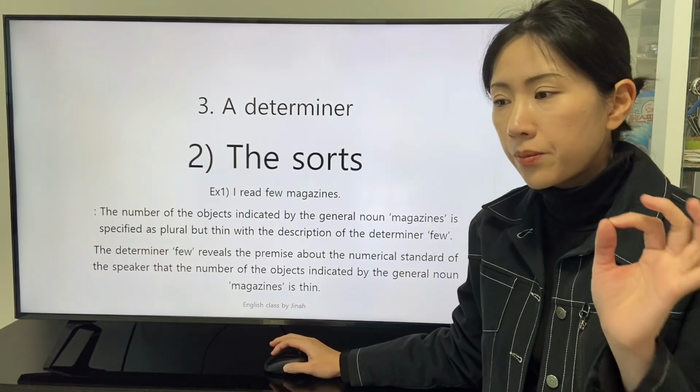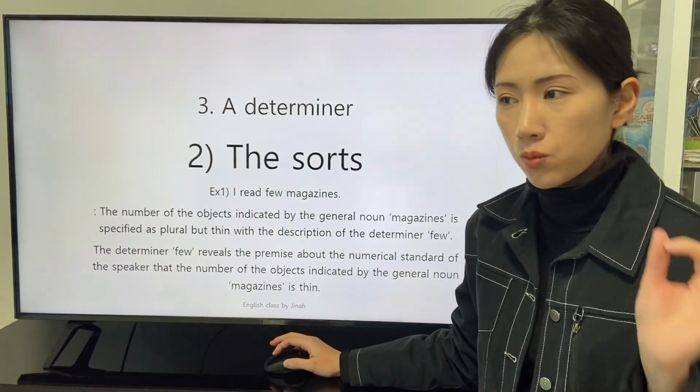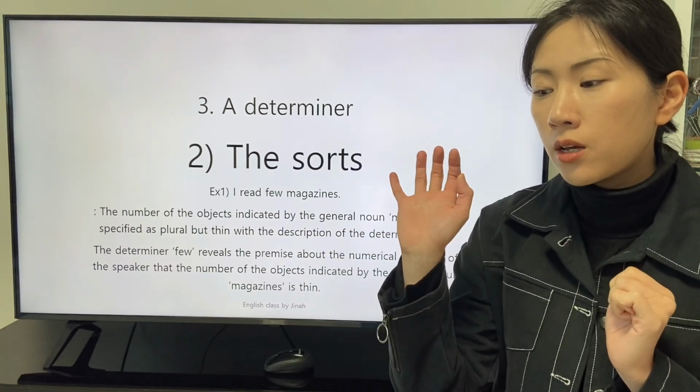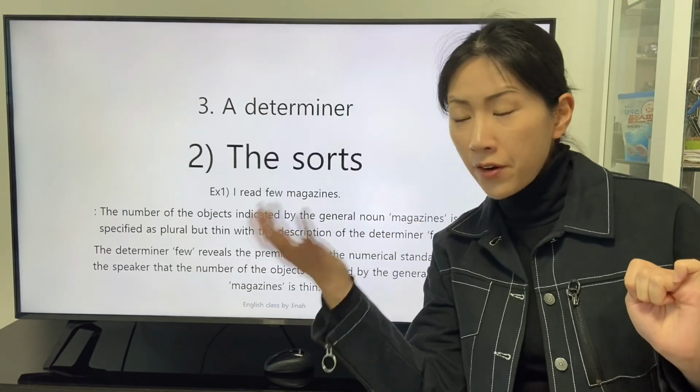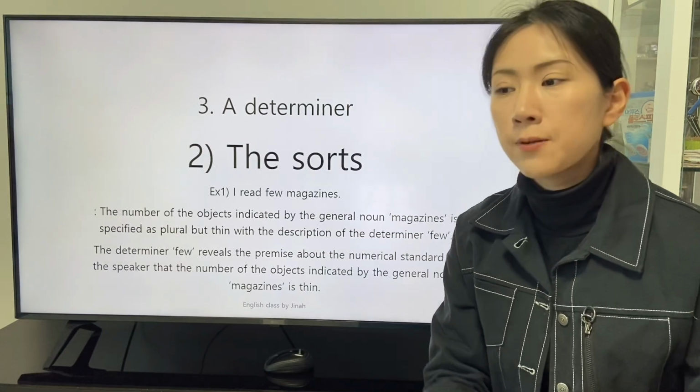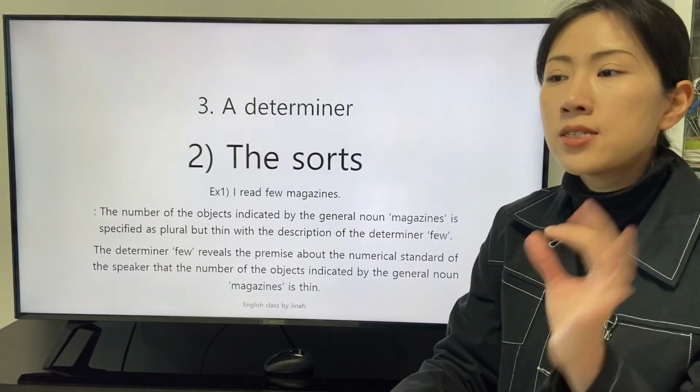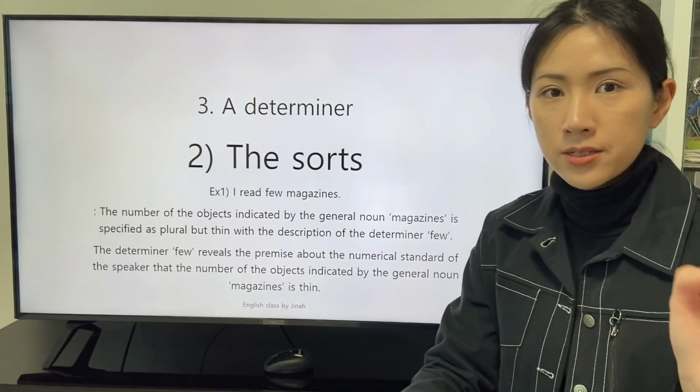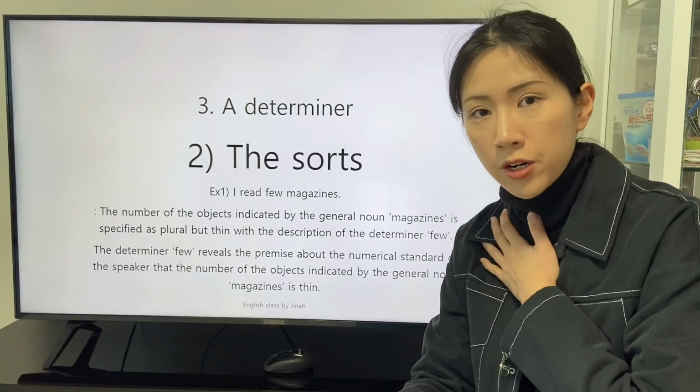The determiner few to specify an object with the information about the number of the object reveals the premise of the speaker.